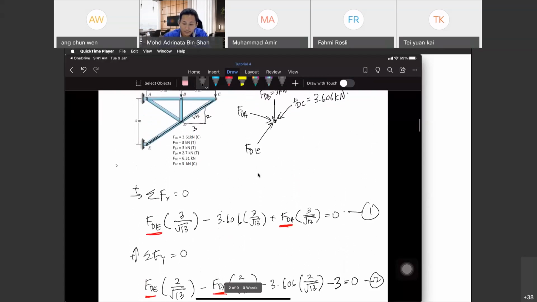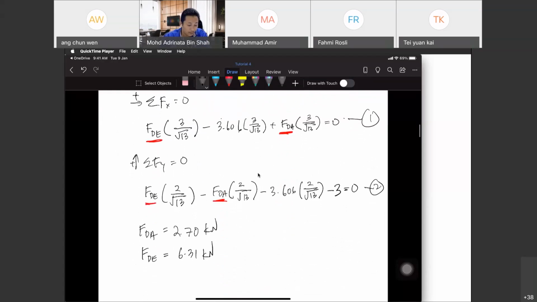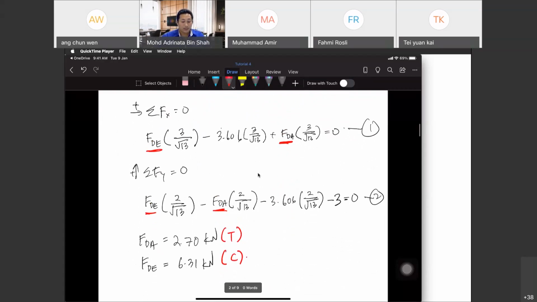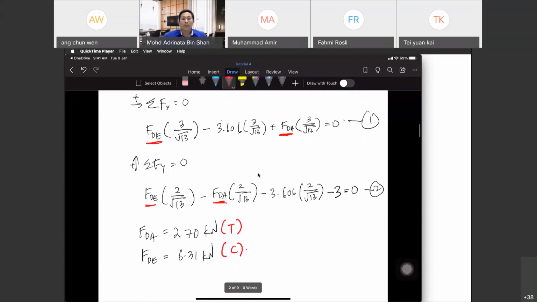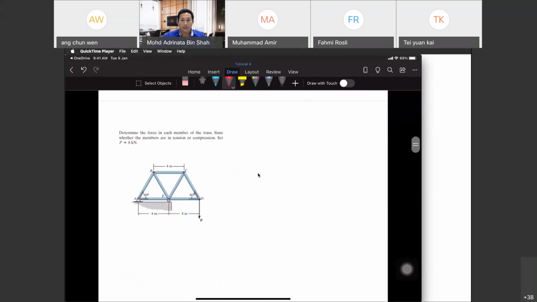So we got that FDA is in tension, FDE is in compression. So it is still in equation of equilibrium. Okay, right. So we go to our next question.